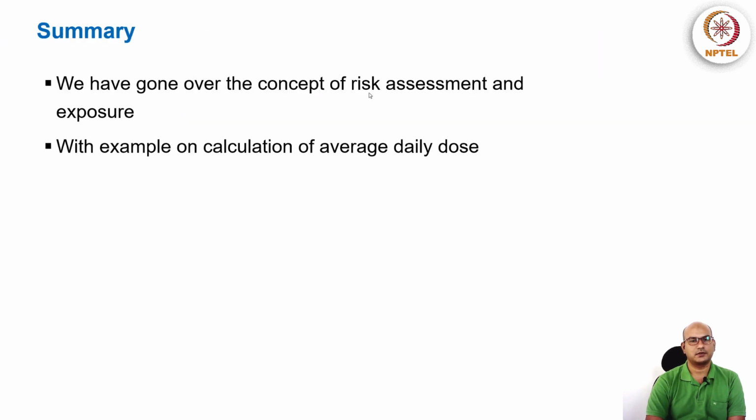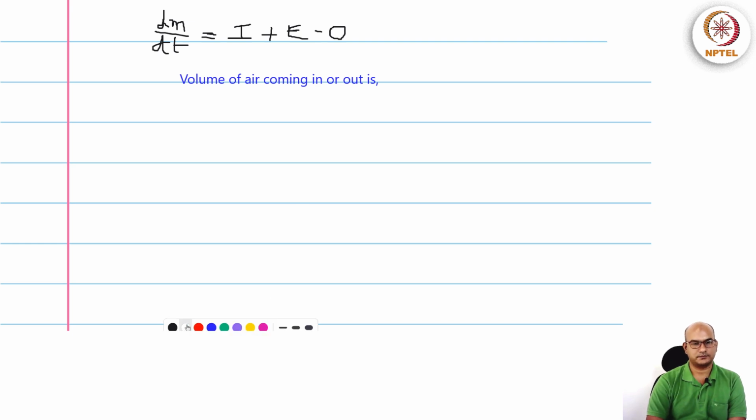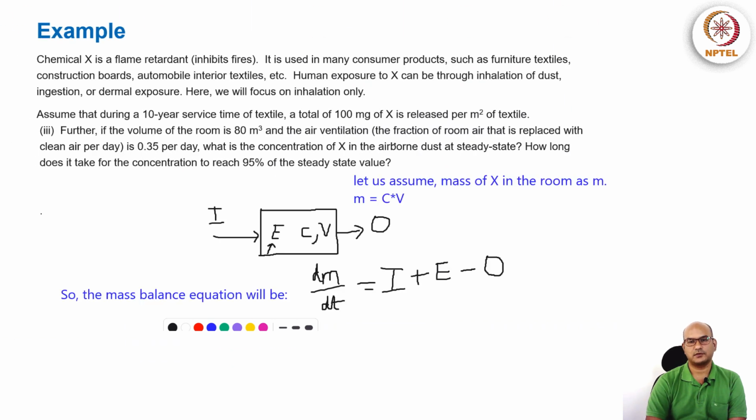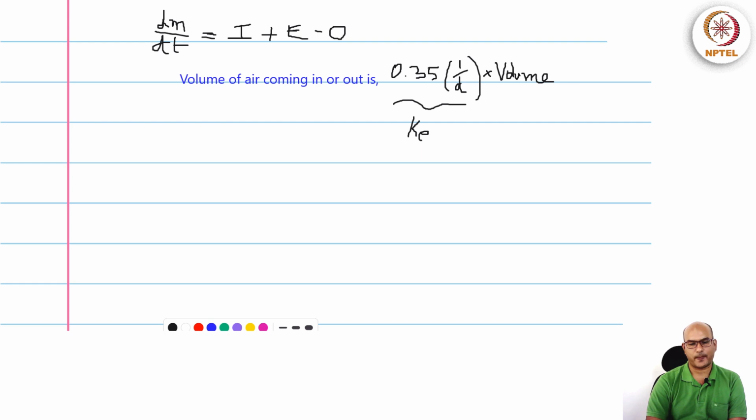So this would be 0.35, which is 1 by day, multiplied by the volume. We will define this as K exchange, or K replacement. So let's define it as KV, where V is the ventilation.